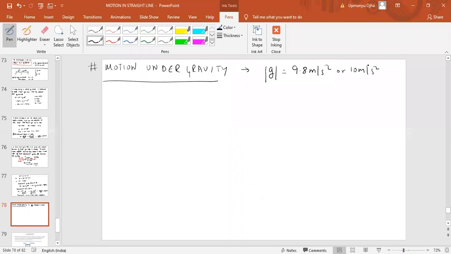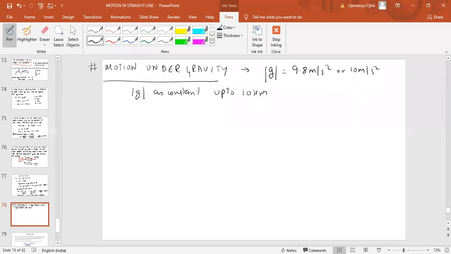Now this g value will remain constant, but only up to a certain height. Whenever we are dealing with motion under gravity, we take g as constant up to 10 kilometers height. Up to 10 kilometers, g is constant.